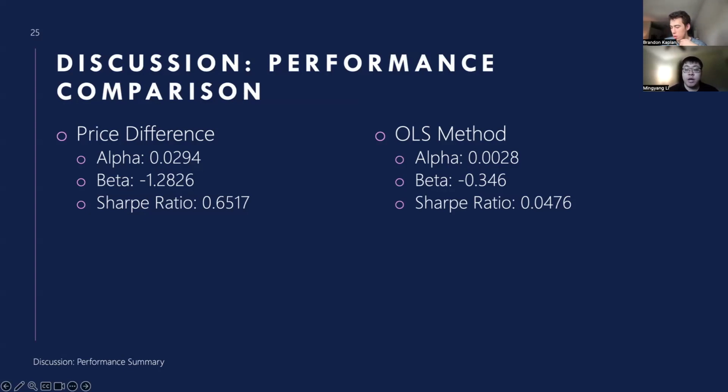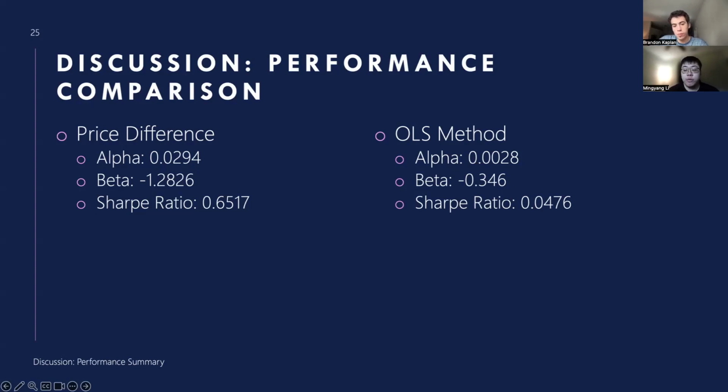And in terms of the beta, the price difference model is 4 times higher than that of the OLS, showing the price difference algorithm is more strongly inversely correlated with the market compared to the OLS algorithm.